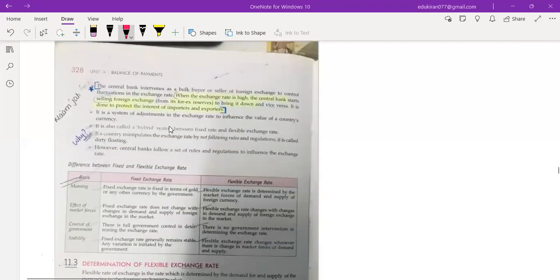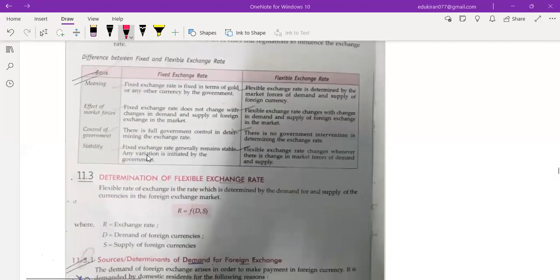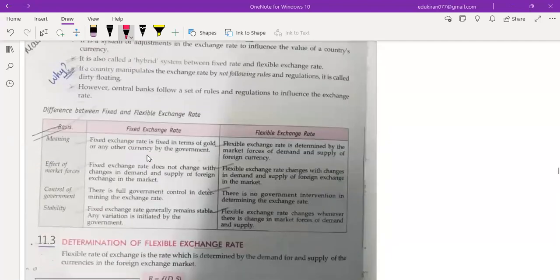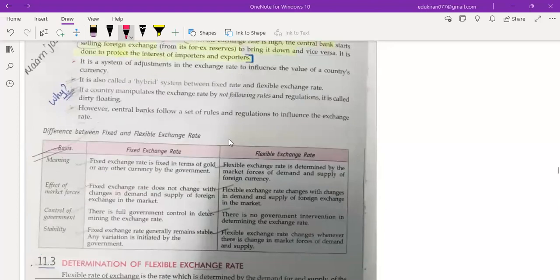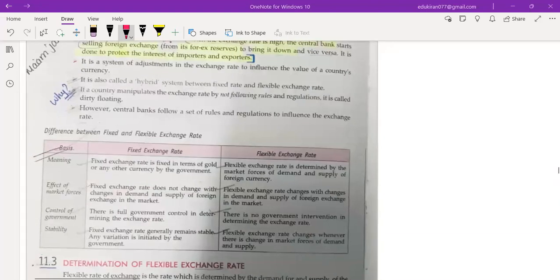You will just give it a reading. No need to write anything. Just write the difference between fixed and the flexible extension, because sometimes they ask you the difference.